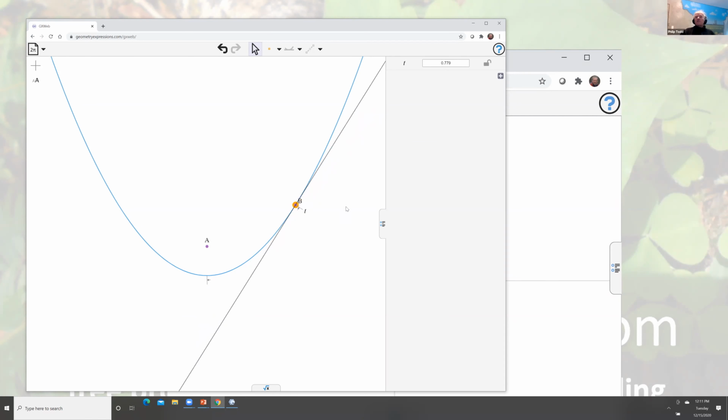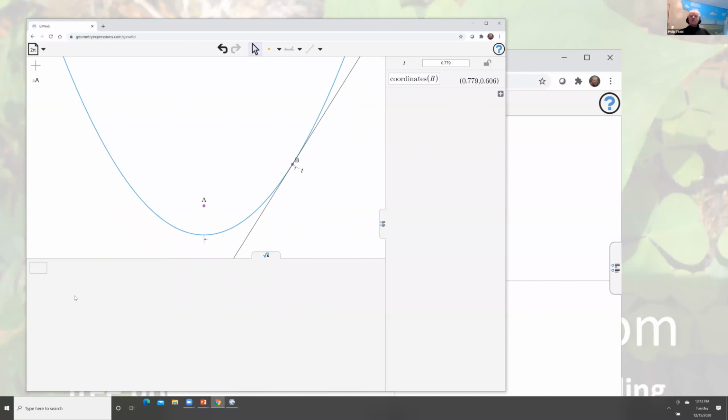As we drag b, the value changes. And we can verify, we can add an expression up here. Look at the coordinates of b, and we can see, yeah, the x coordinate is in fact the same as t. Down here, we have the symbolic panel.